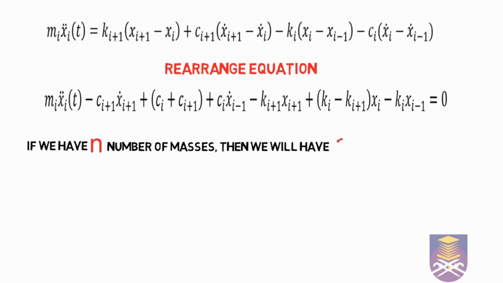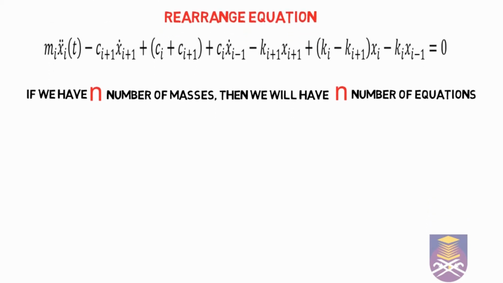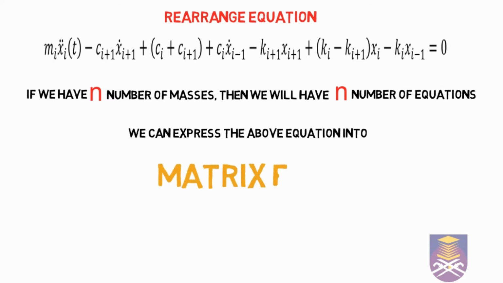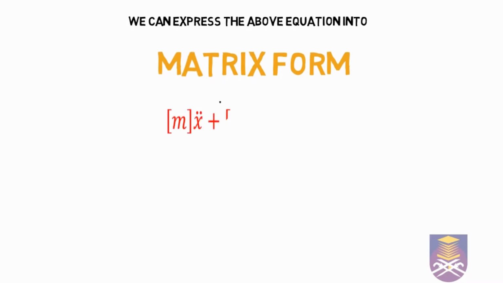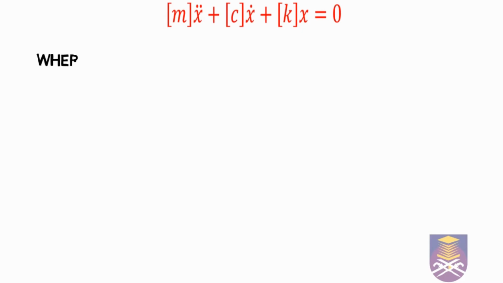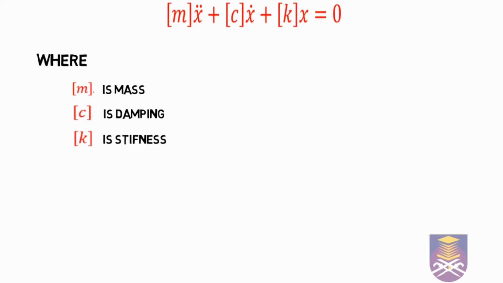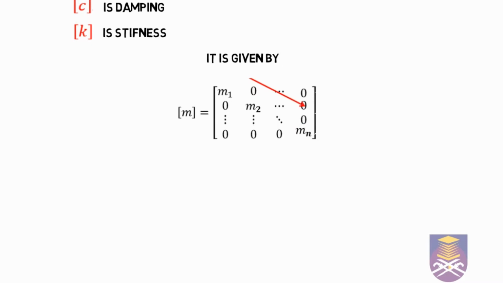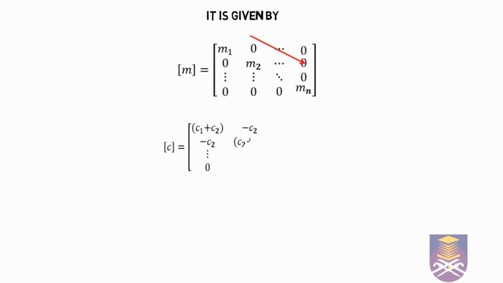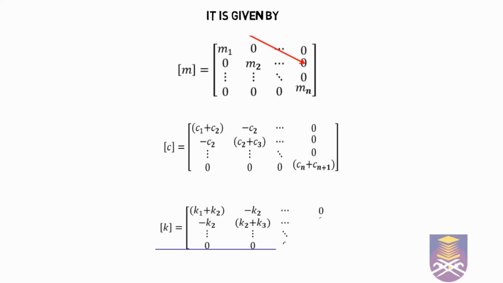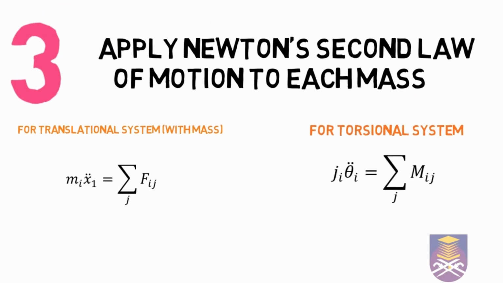If we have n number of masses, then we will have n number of equations. Then, we can express the above equations in matrix form. From the general equation, m x double dot plus c x dot plus k x equals 0, where m is mass, c is damping, k is stiffness. We can see the matrix form of the mass, spring stiffness, and damper stiffness.